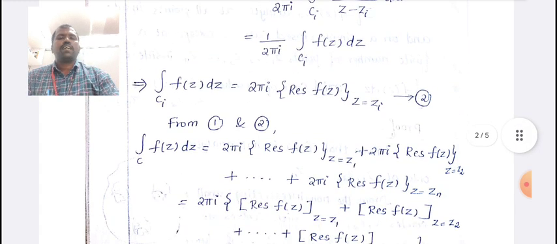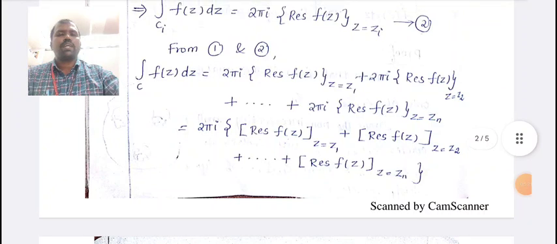From 1 and 2, integral over C f of z dz equals 2 pi i times the residue of f of z at z equal to z1, plus 2 pi i times the residue at z equal to z2, plus etc. plus 2 pi i times the residue at z equal to zn.